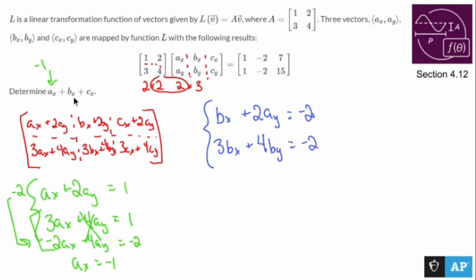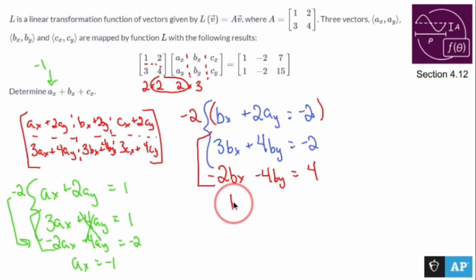Again, my point is to find b sub x, so what I'm going to do is I'm going to multiply the top row again by -2, and what that'll give me is -2b sub x and 3b sub x, and that'll get me b sub x. So your -2b sub x, your -4b sub y, and you're going to become +4. So that when I add these two guys together, I have regular b sub x, you go away, equals 2. So b sub x is 2.